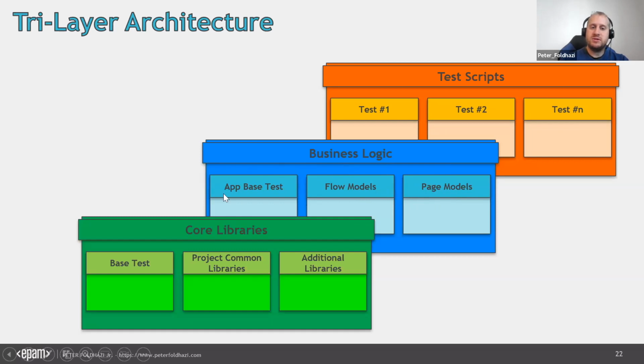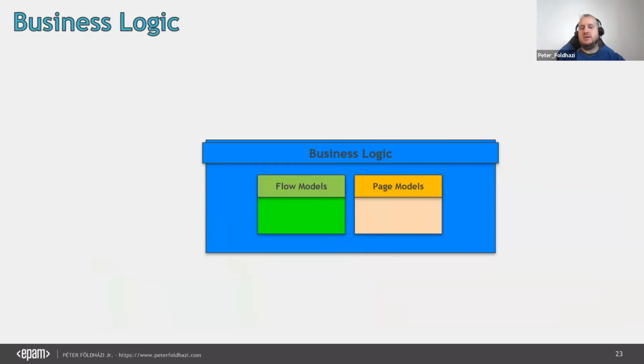You would of course have some app-specific base test, maybe a base page as well, and any other libraries and configurations that you might have for that application. But that's also where you're going to store your flow models and page models. And the test scripts are just going to directly communicate with the flow models, not with the page models. That's how it looks.